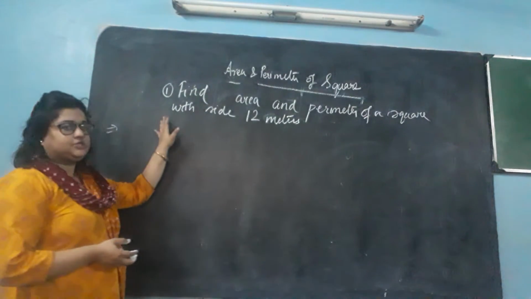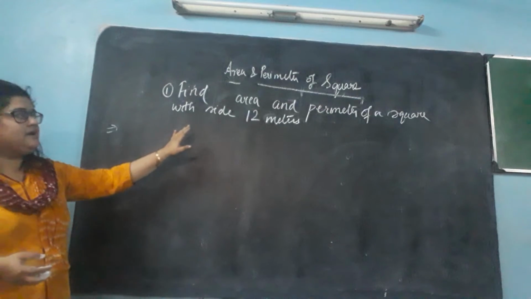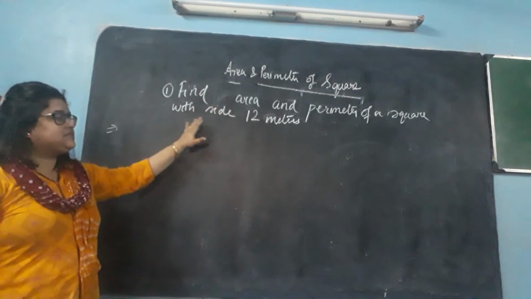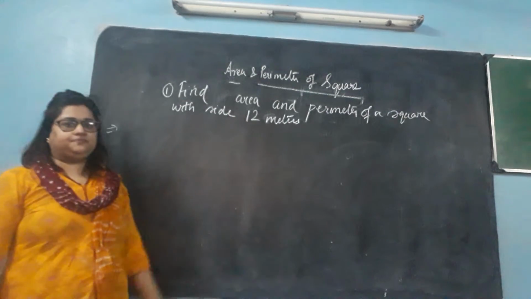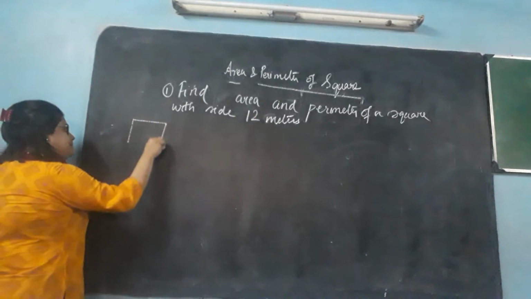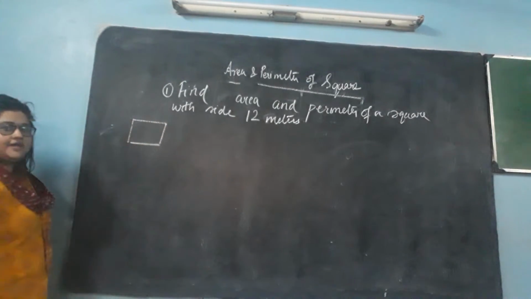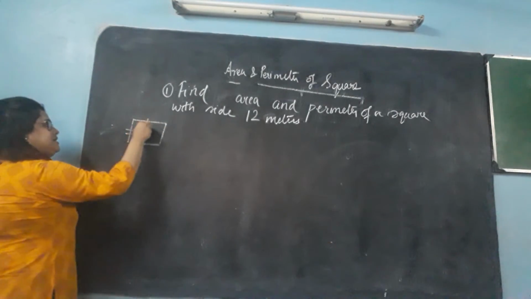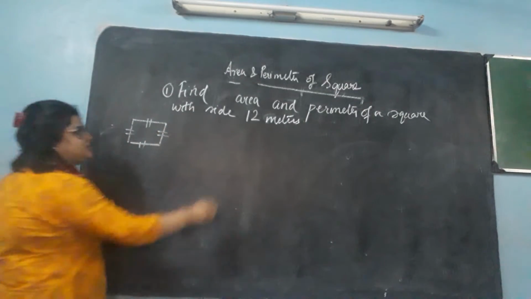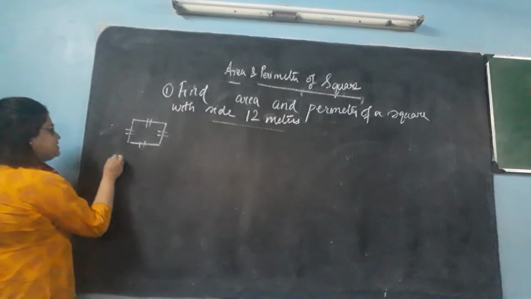First question: find the area and perimeter of a square with side 12 meters. A square means all the four sides are equal, and the measurement of the side of the square is given to you.